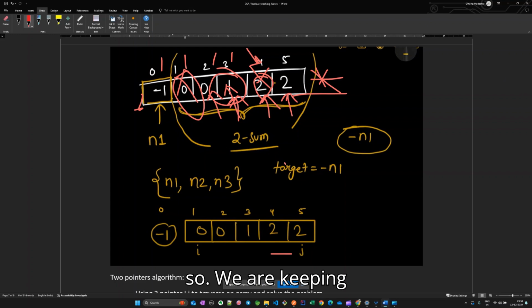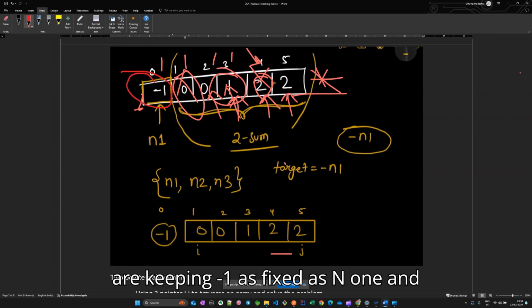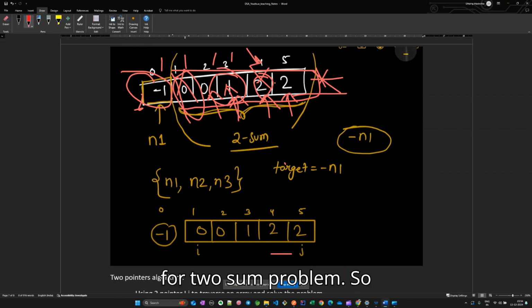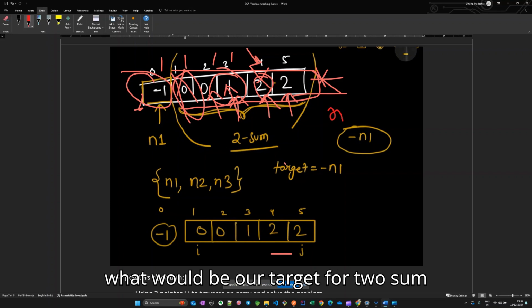So we are keeping minus 1 as fixed as n1, and we'll be slicing this array as for the two sum problem. So what would be our target for two sum?